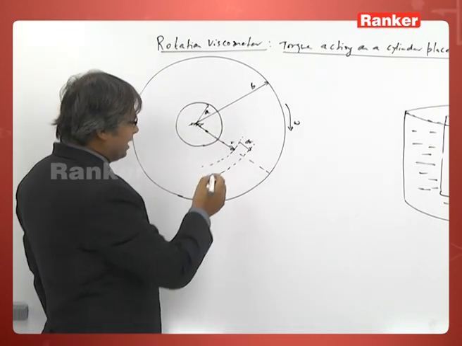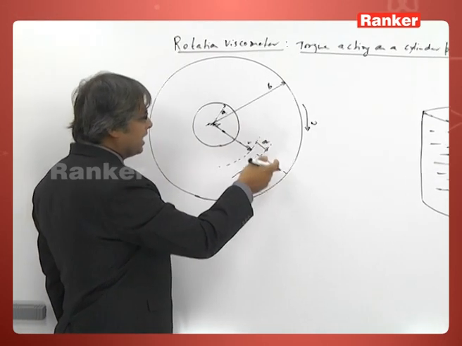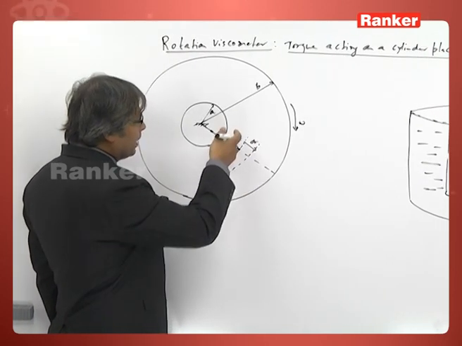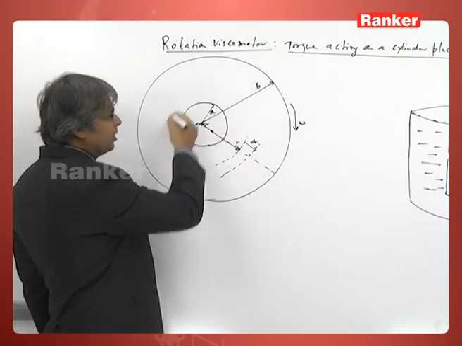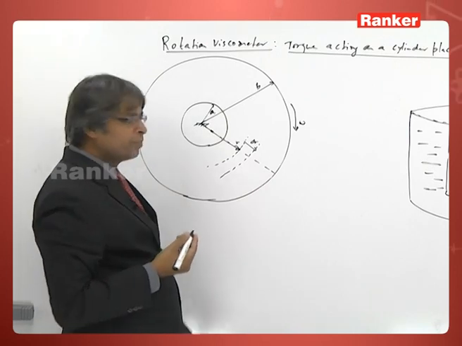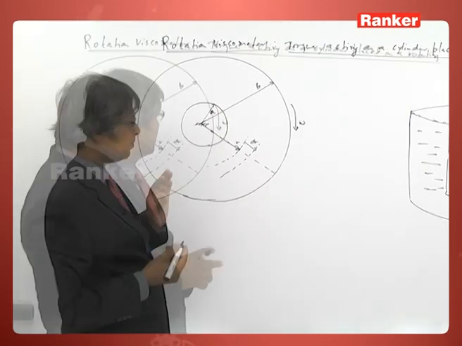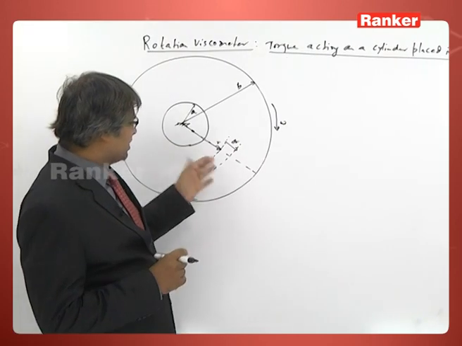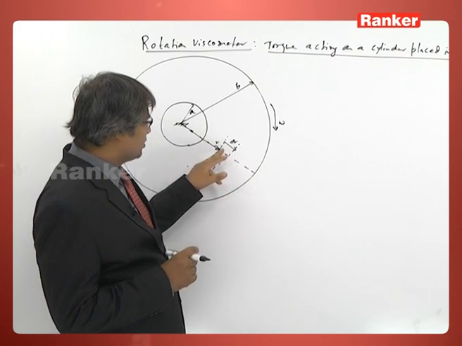We will calculate these forces, and ultimately it will try to move the inner cylinder in this direction and there will be a net torque acting on it. We will calculate the net torque. Now let us see what is the tangential force it applies here.